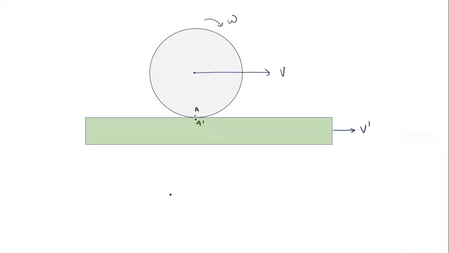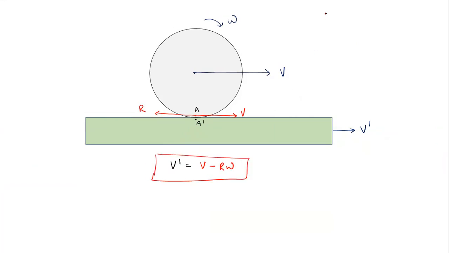So can I say that velocity of A dash, V dash, must be equal to the velocity of point A. Now if you find the velocity of point A, we have translational motion V, then rotational motion R omega. So velocity of A will be V minus R omega. So V dash must be equal to V minus R omega.